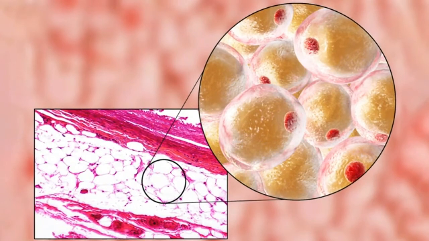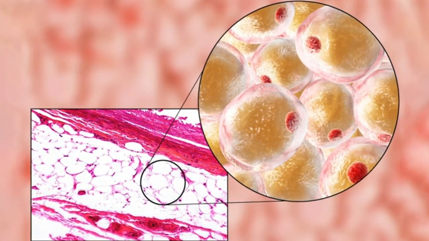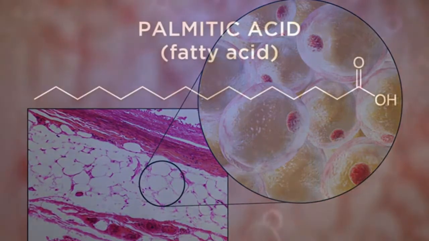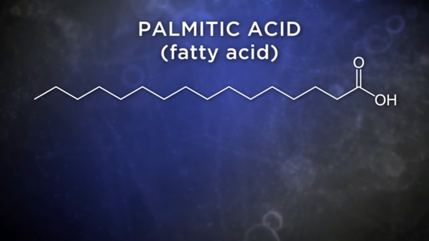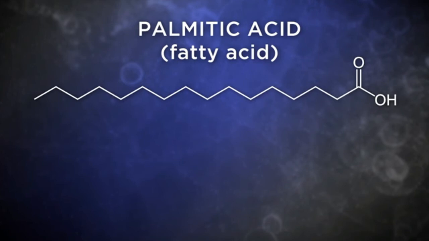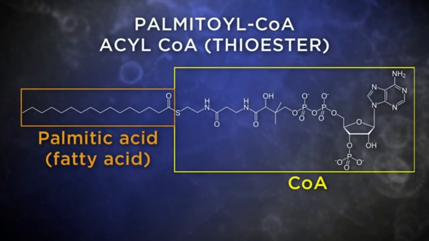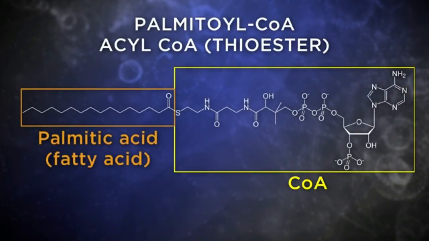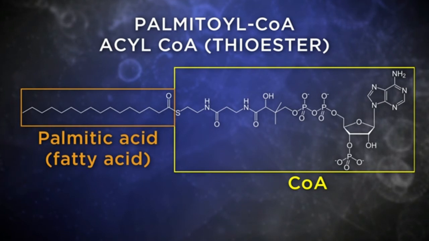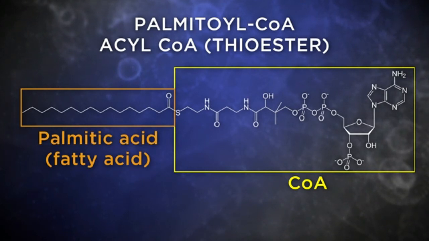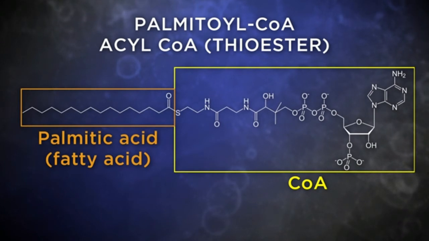The fatty acid acyls enter cells with the help of membrane transport proteins. All entering acyl groups first get linked to a common cellular handle known as coenzyme A, creating a molecule we call acyl-CoA, or an acyl-CoA thioester. It is these acyl-CoA molecules that undergo the subsequent steps in fatty acid oxidation.